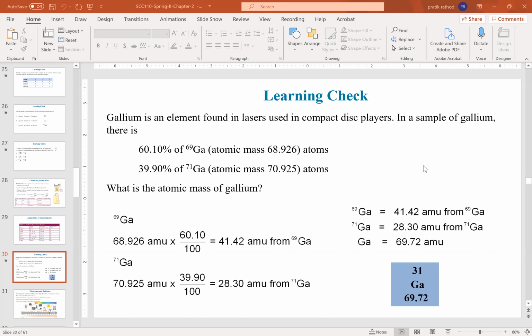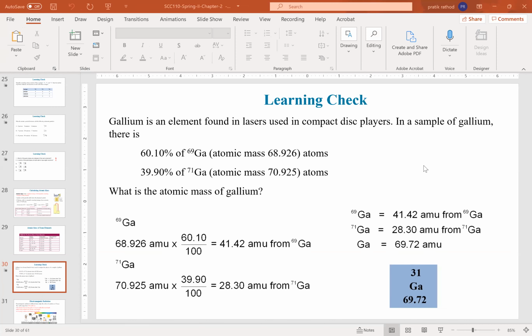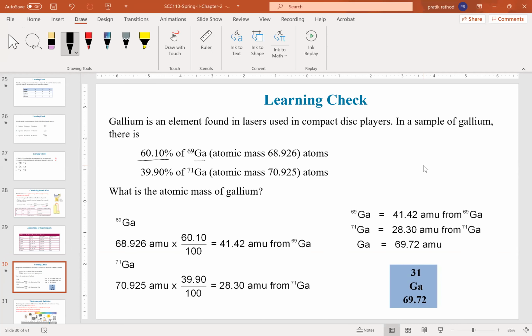This is the question. It says gallium is an element found in a laser used in a compact display. In a sample of gallium, there is 60.10% of gallium existing in this form. It means the atomic mass, or we can say the mass number, is the same meaning, right?